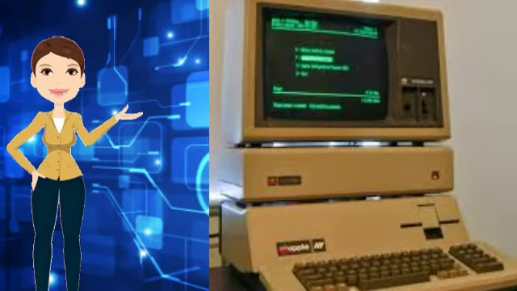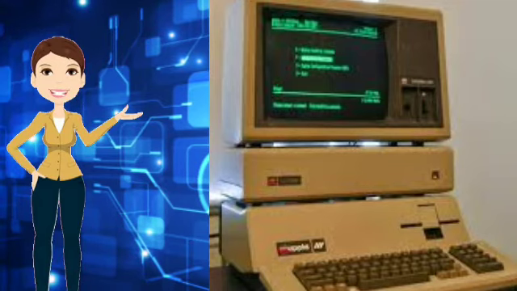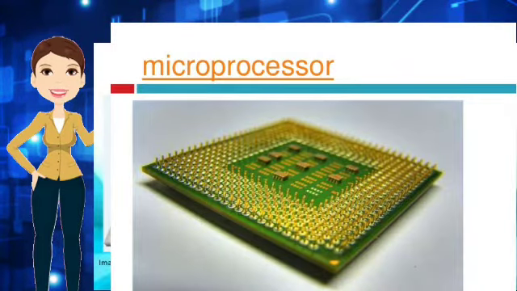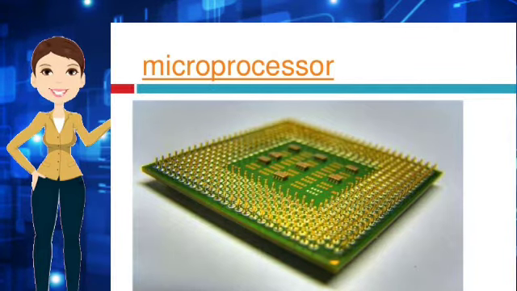And next, the fourth generation. Fourth generation computers used microprocessors. Microprocessors means chips. Now we are also using microprocessor chips only. Fourth generation computers depend upon microprocessors. They have thousands of integrated circuits on a single chip.